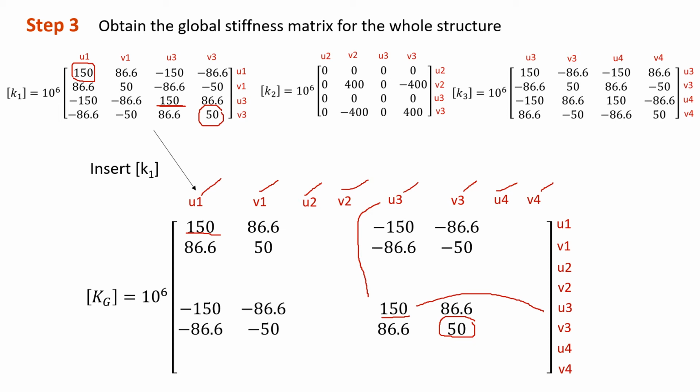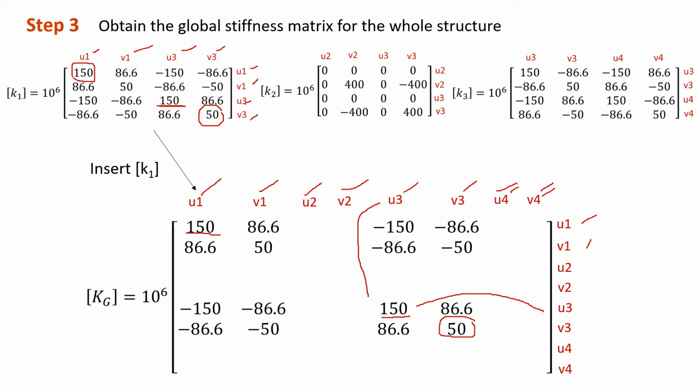That's why it's very important to define this row and this column, so that it is easier for you to insert into the global stiffness matrix.